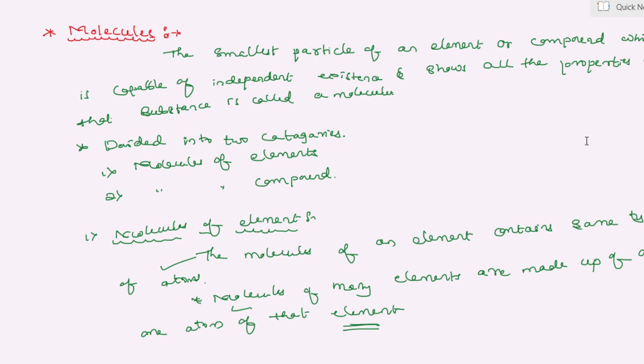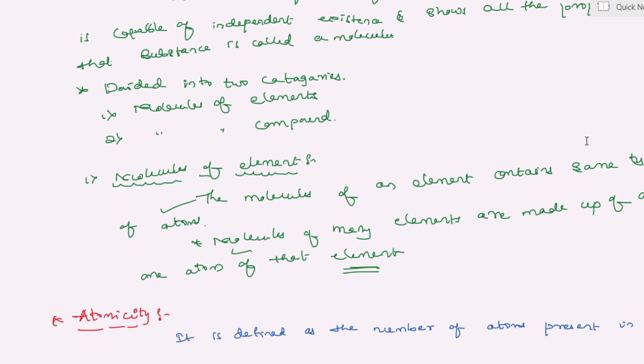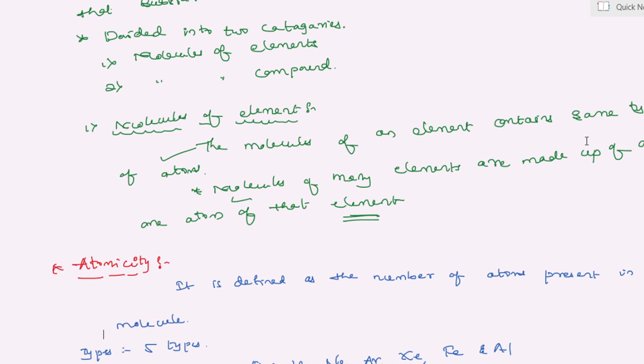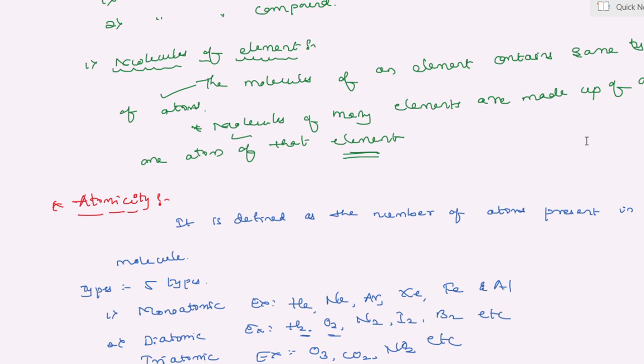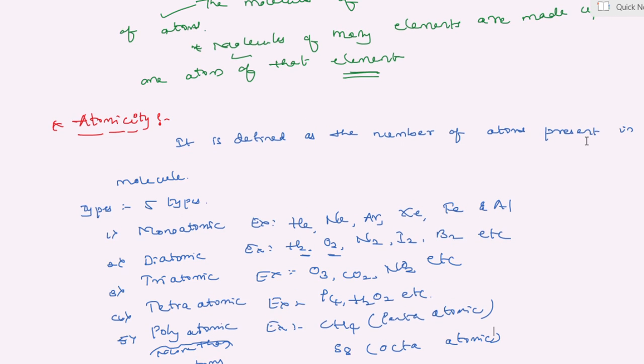Molecules can be divided into two categories: first, molecules of elements, and second, molecules of compounds. A molecule of an element contains the same type of atoms. Many elements have molecules made up of only one atom of that element.